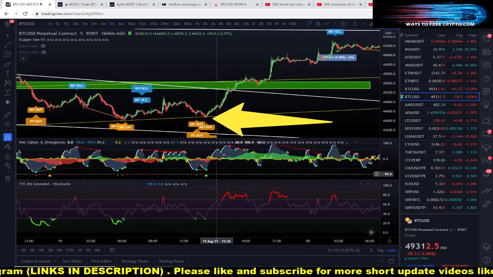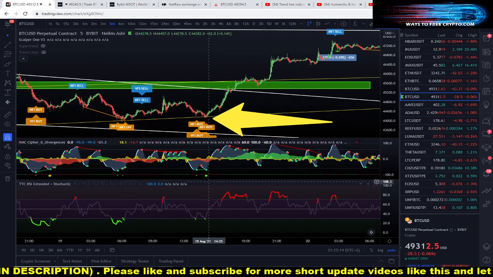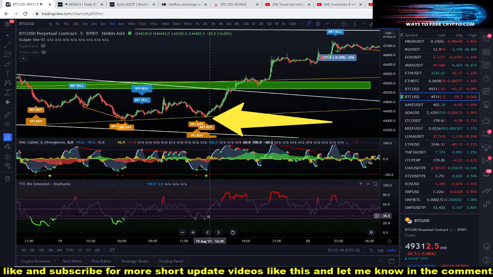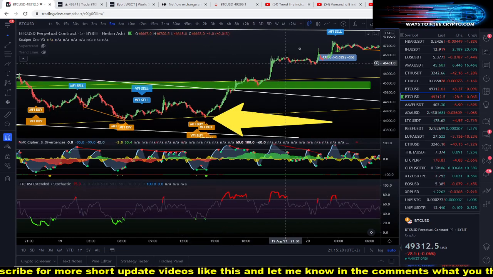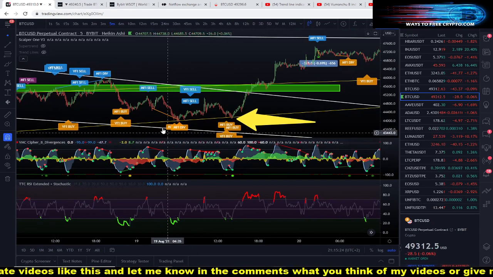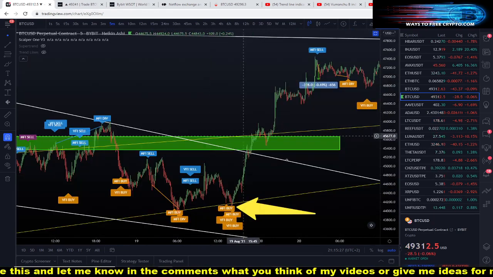Here, signal, big green dot below 60, curving back in. Look what happened. And now, guys, we are at this huge trend line.